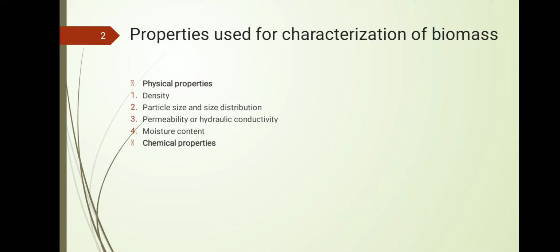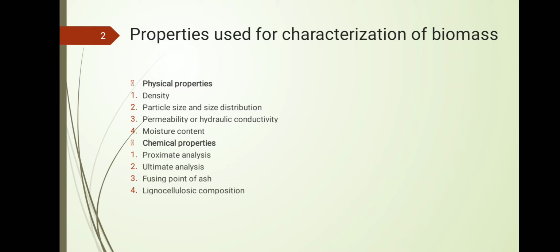Then chemical properties, we have two very important properties, that is proximate analysis and ultimate analysis. So this should be done before selecting a biomass. Proximate analysis and ultimate analysis. This is very important. Then another chemical property is the fusion point of ash and lignocellulosic composition.